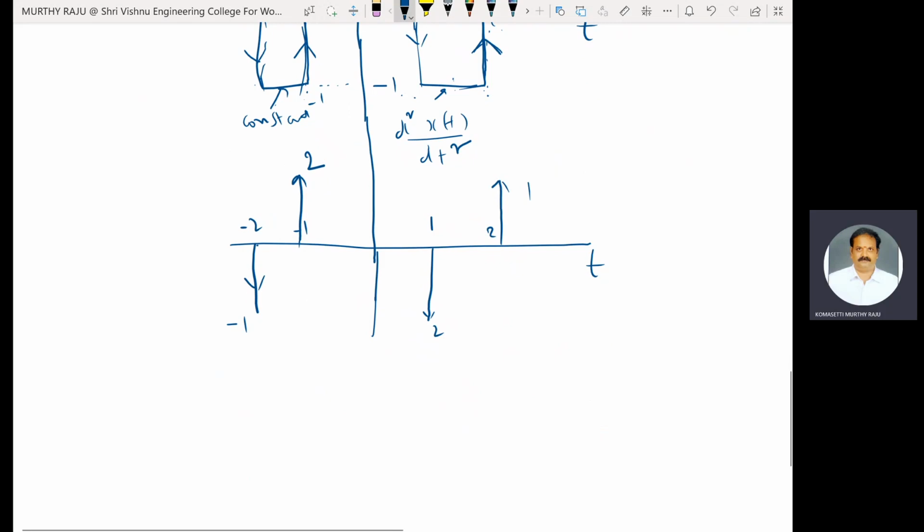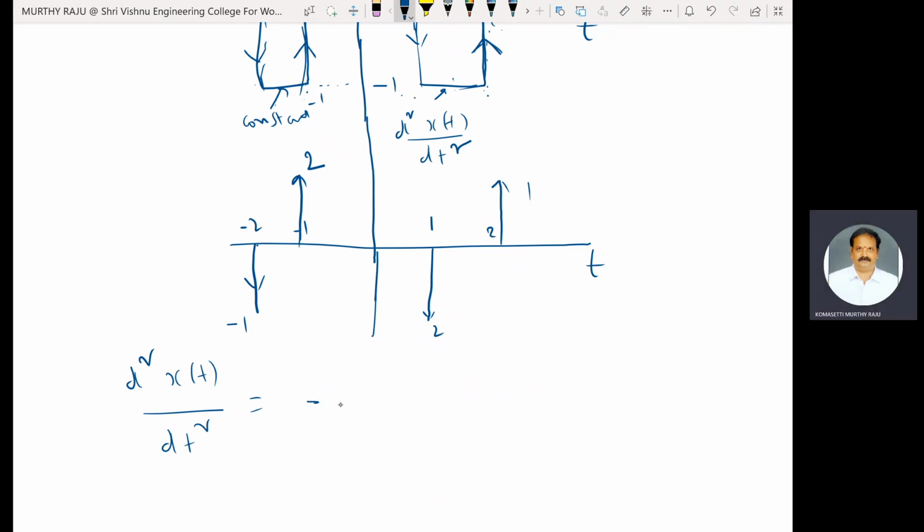Therefore, convert this waveform into mathematical form. d square x of t by dt square. Here, delayed by -2. -2 means delta of t plus 2. Here a minus sign is there.